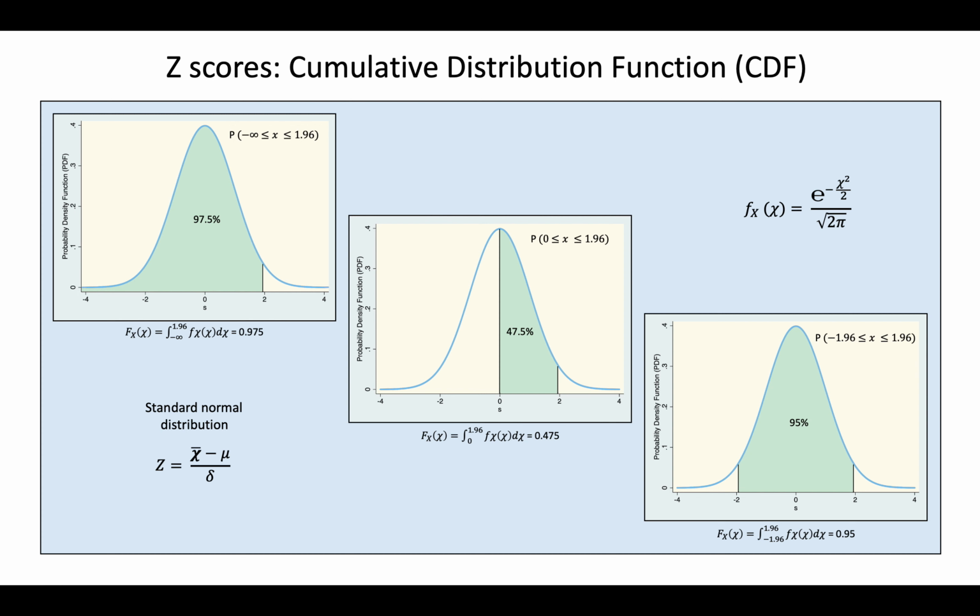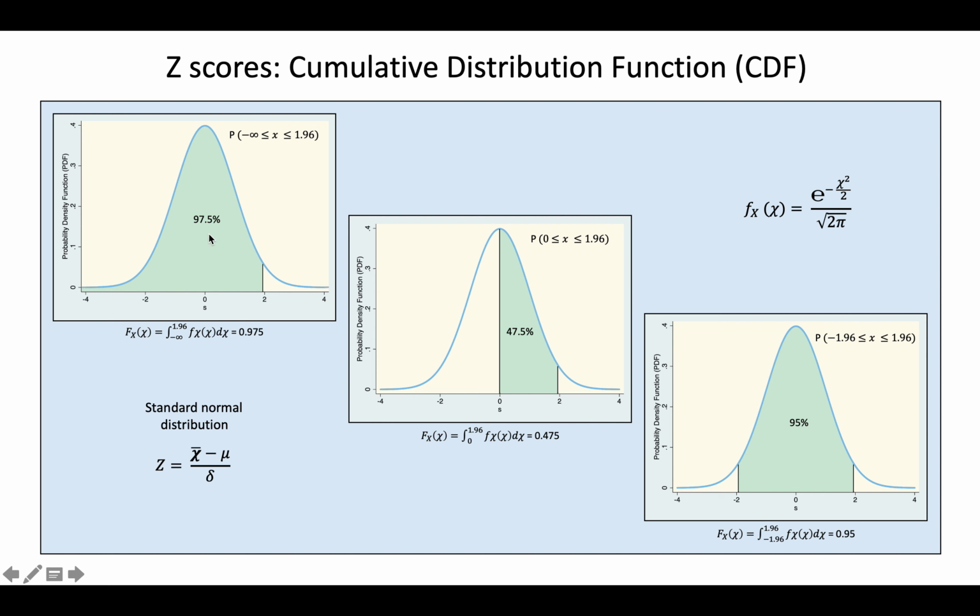Because we are not interested in this area, but we are interested in this area, this and this, when we are talking about a two-tailed test, all we need to do is, because it's 97.5%, that means that this is going to be 50% for sure of the curve.